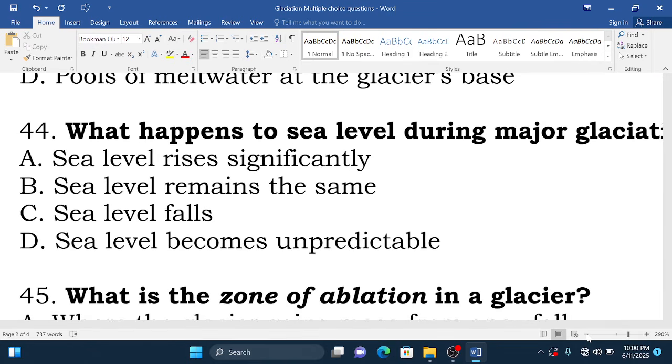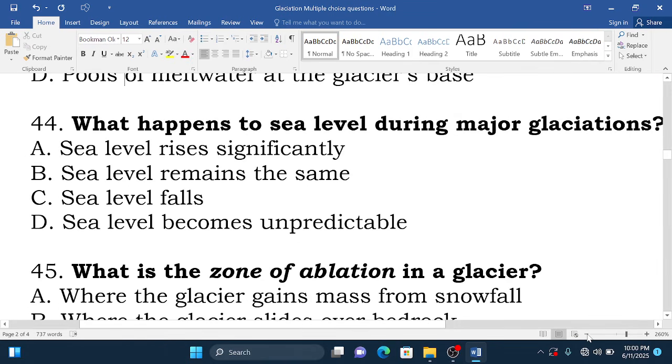Question 44 is asking, what happens to the sea level during major glaciation? A, sea level rises significantly. B, sea level remains the same. C, sea level falls. D, sea level becomes unpredictable.